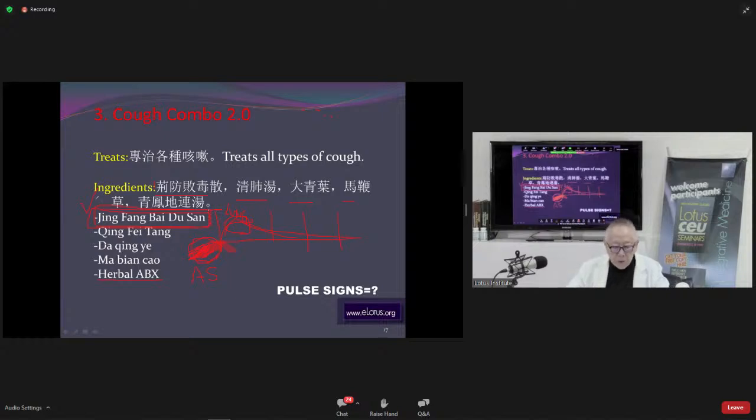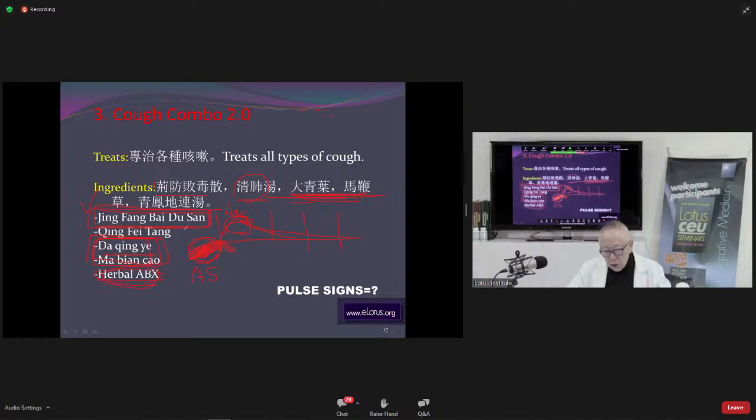If the patient is very weak and anemic, you can use the 桂枝汤 or 柴胡桂枝汤. 大青叶, this is all for 清肺汤, this is for cough, and 大青叶马鞭草 is very good for bronchitis, for inflammation, and as an herbal ABX.